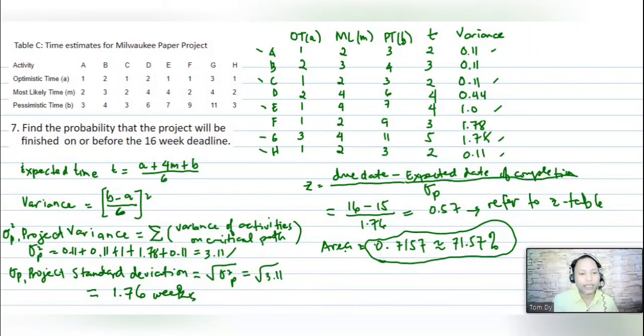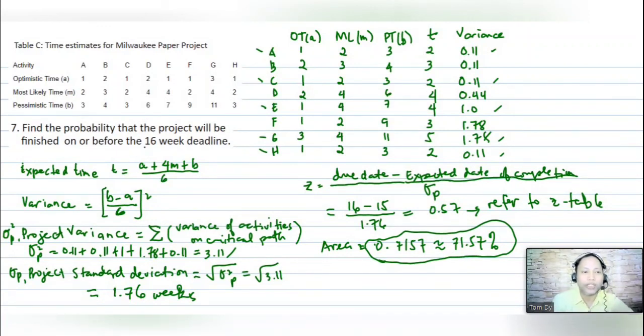That is how we interpret our probability. So this is our final answer for question number 7.